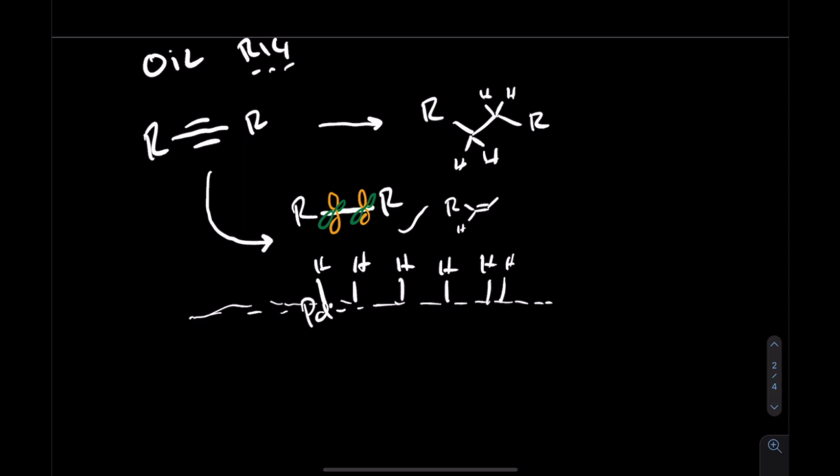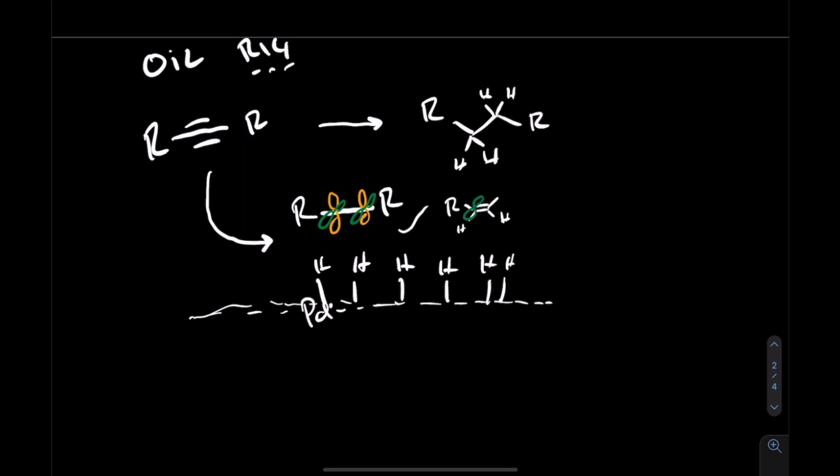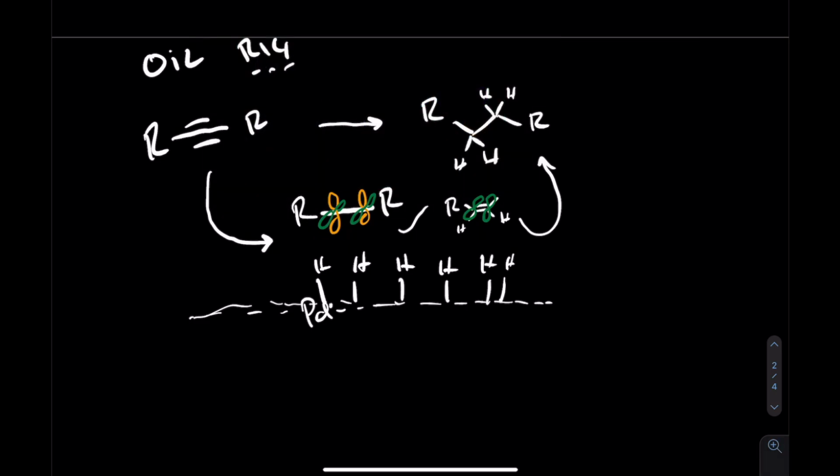Now it's got a second pair of orbitals, and it's going to come back in, grab a couple more hydrogens, and then come right back up. What that means is that, just like in the alkene business, the addition of these hydrogens happens on the same side.